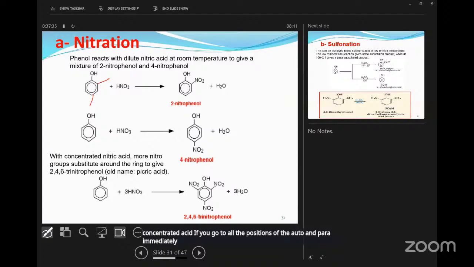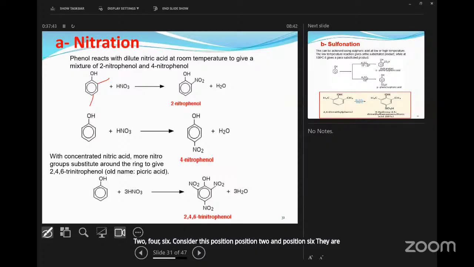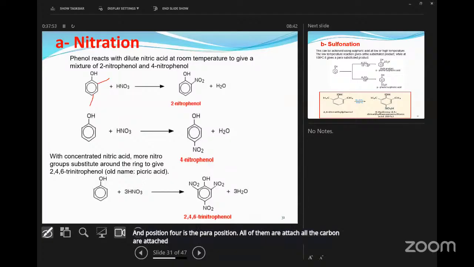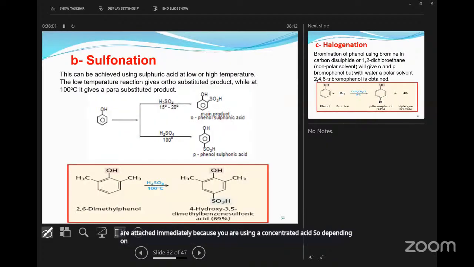So you now have 2, 4, 6. You can see that position 2 and position 6 are both ortho positions, and position 4 is the para position. All the carbons are attacked immediately because you are using a concentrated acid. So depending on the product you desire, that should determine what you are going to use.